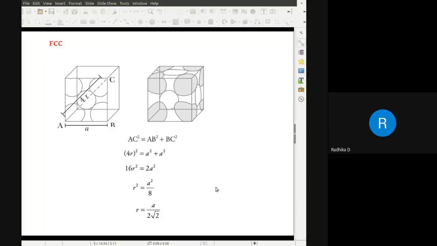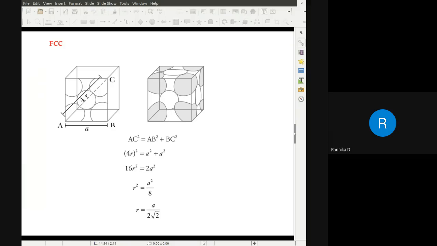But now here, you don't have a corner atom only, you have an atom at the center of each face. How many faces are there? There are 6 faces for a cube, right? There is a front, a back, a top, a bottom, a left, and a right. So there are 6 atoms at the center of the faces, and each of them is shared by 2, contributing only half.